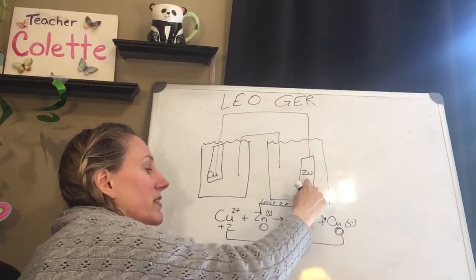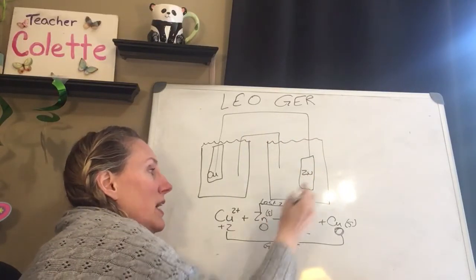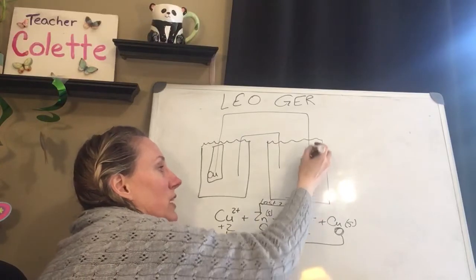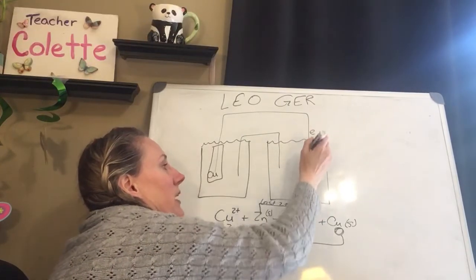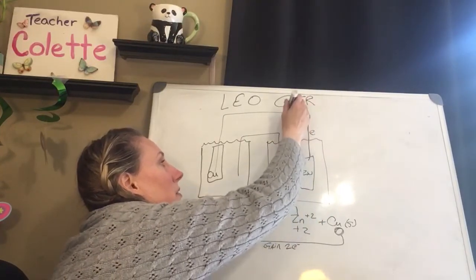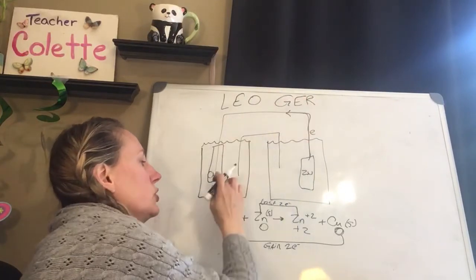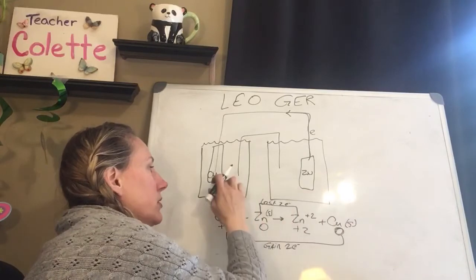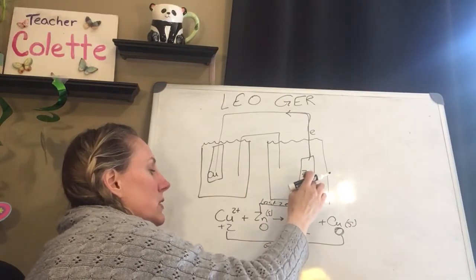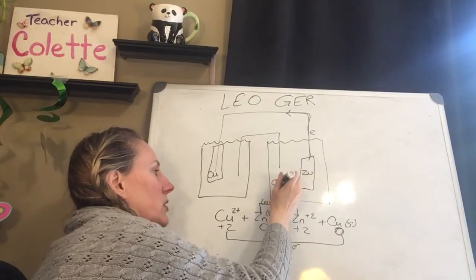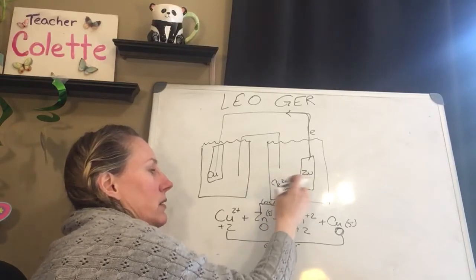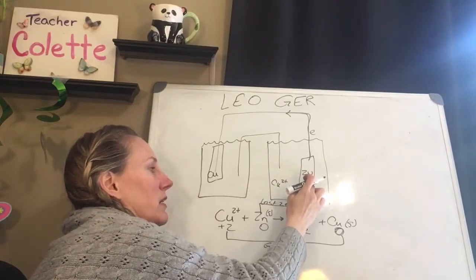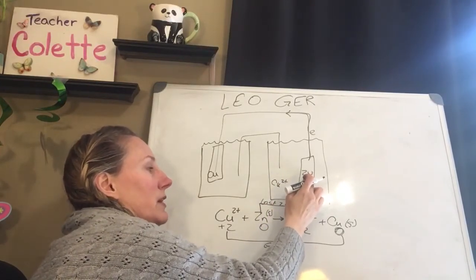And here is my solid zinc. It's a solid, and that is my source of electrons. So the electrons are coming off of the zinc and going to the copper. And that ends up being a copper solid. So this is a solid and this is a solid. Here you have to have Cu2+ floating around in here, but my zinc is what's giving you the electrons.